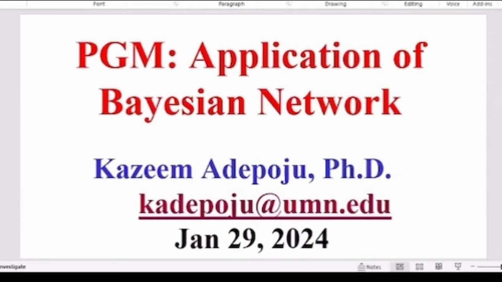I also told you we got two types of probabilistic graphical model, and we're only focusing on the Bayesian network aspect, because the Bayesian network is what we call the directed graph. We got the directed graph, we got the undirected graph. So the Bayesian network is actually the same as the directed graph.